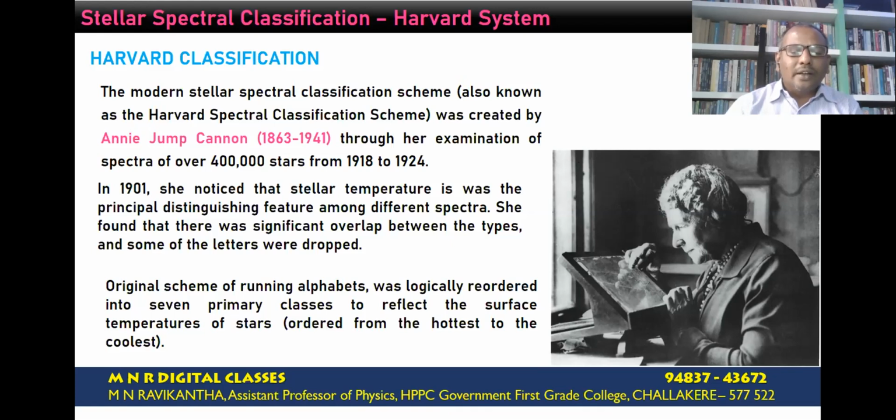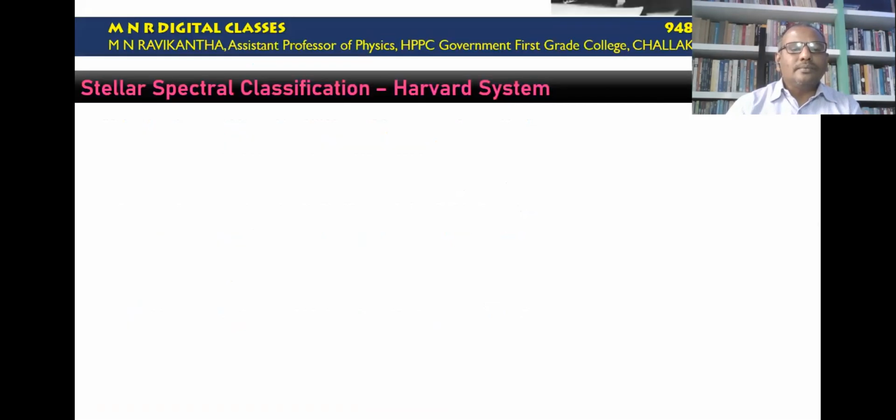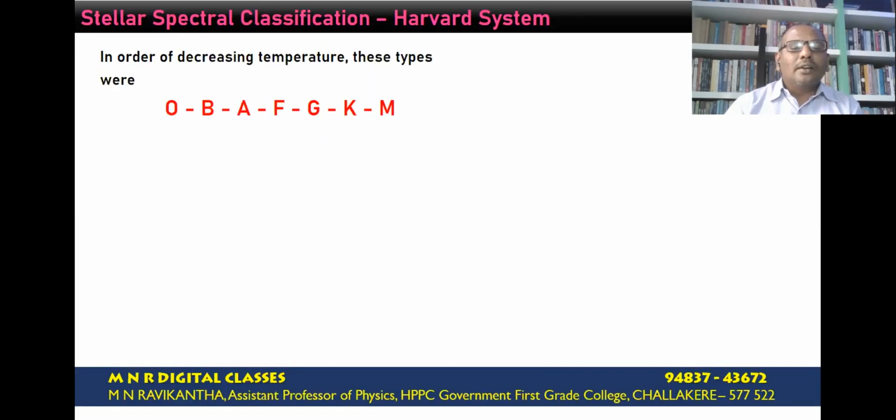This arrangement was done from the hottest to the coolest star. So, in the order of decreasing temperature, these types were O, B, A, F, G, K, M.